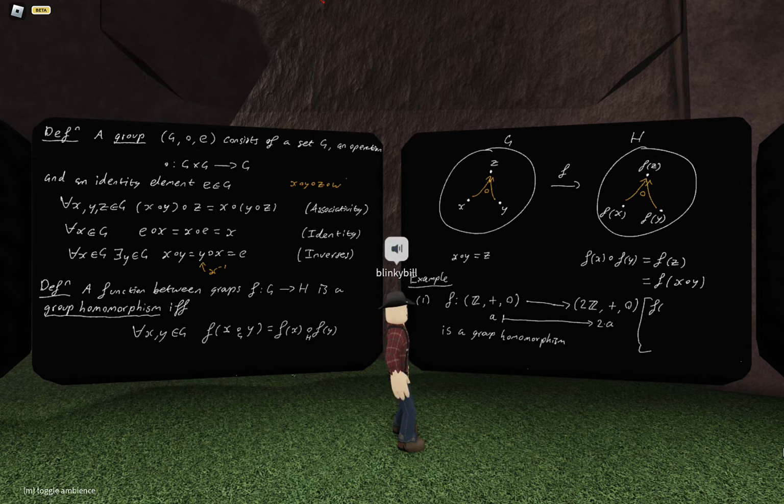It's just observing that F of A plus B, so plus on the left group side, is equal to 2 times A plus B. But because of how distributivity works, that's 2A plus 2B.